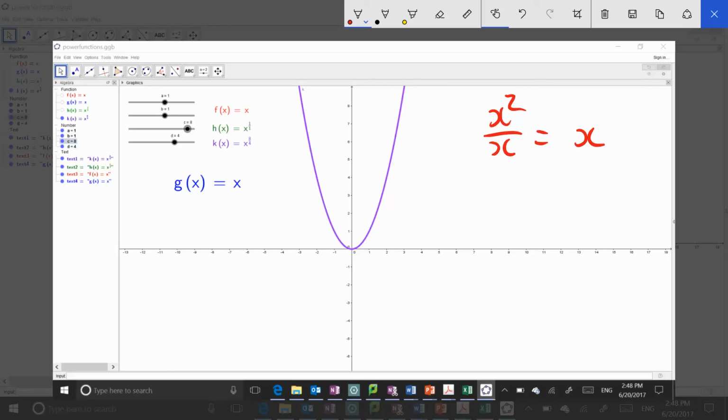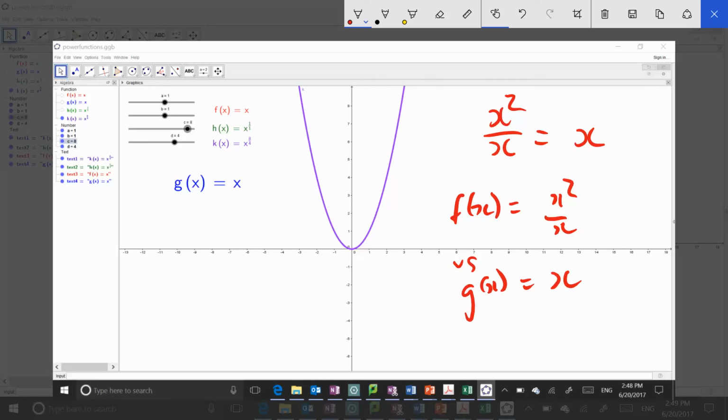For what values? And they said this should be all fine. Now they had A, B, C, and D. What's wrong with what I just did? X squared on x. If I gave you f of x equals x squared on x versus g of x equals x, are they both the same graphs? Because that's what the uni question was asking.